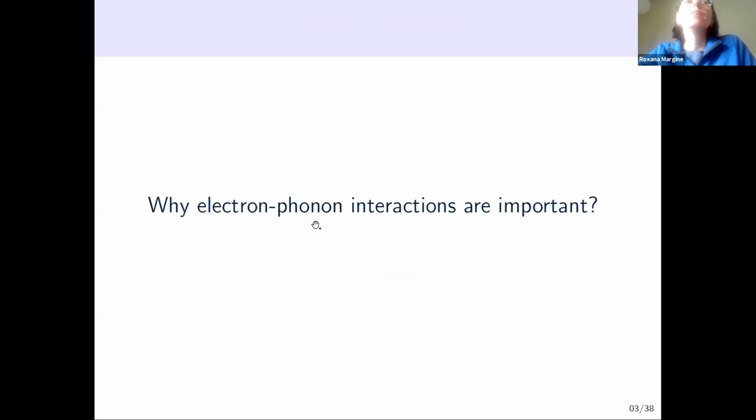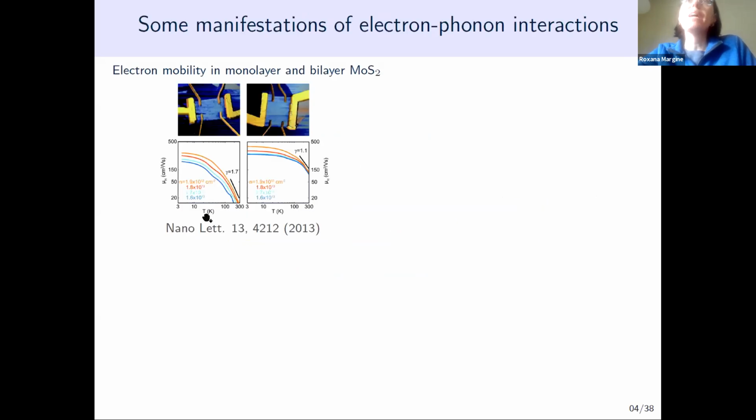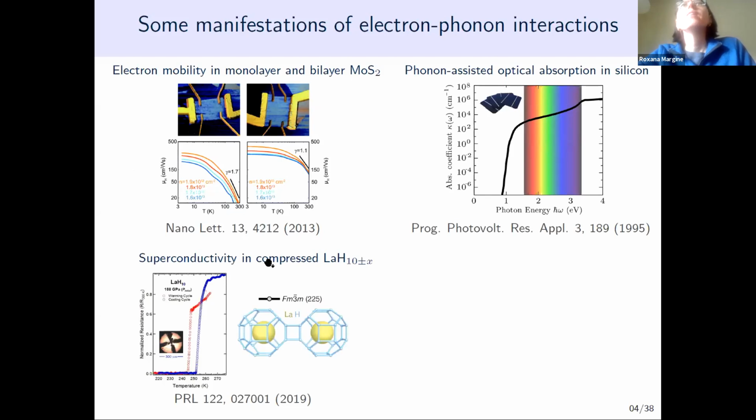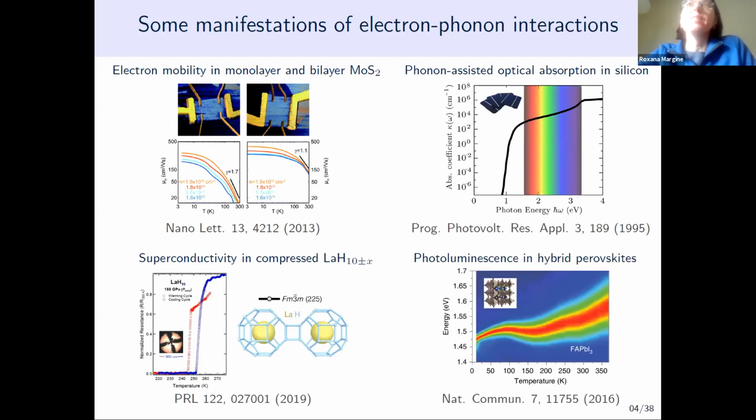For example, the temperature dependence of charge transport coefficients in metals and semiconductors relies on the interaction between electrons and phonons. The same holds for the absorption and emission of light in indirect band gap semiconductors and insulators, the formation of Cooper pairs in conventional superconductors, and the ultra-fast dynamics of photoexcited carriers.